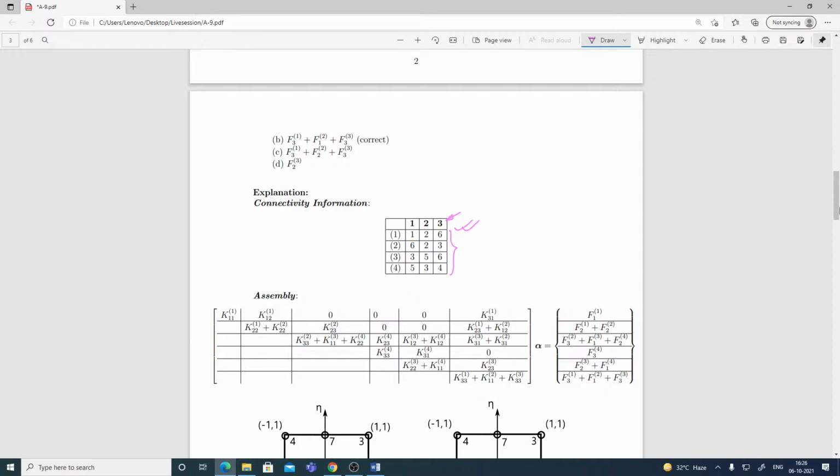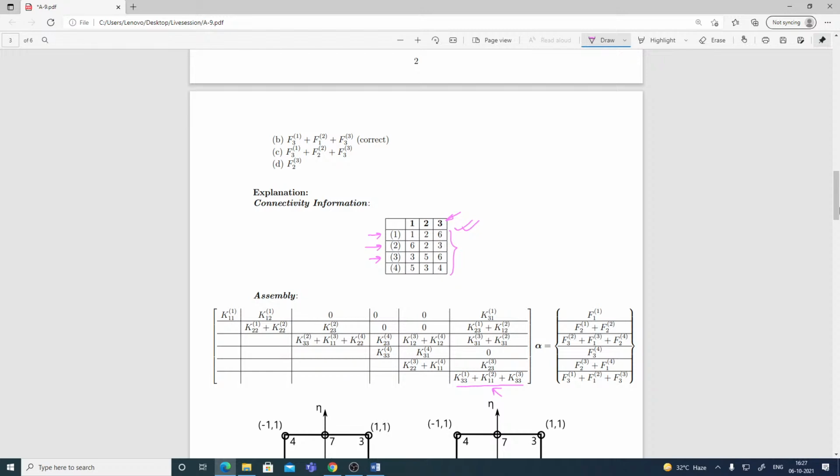If I have to see K66, this is the K66 here, and as you can see, 3 elements are contributing: 1, 2 and 3. How we can calculate it is what has been shown here.